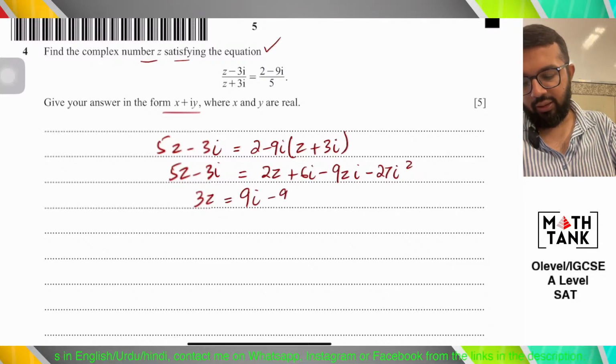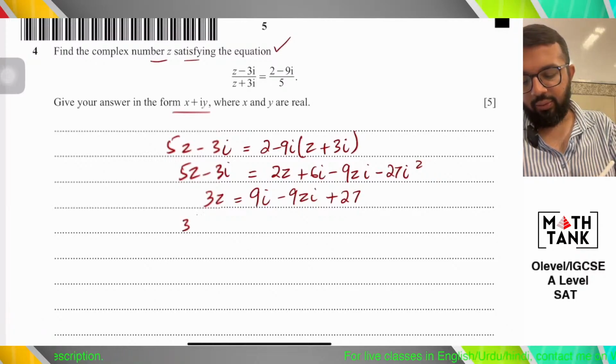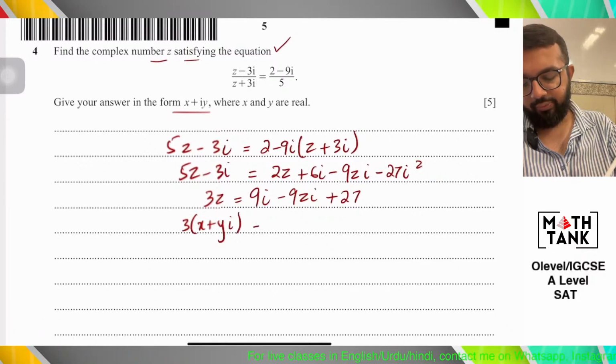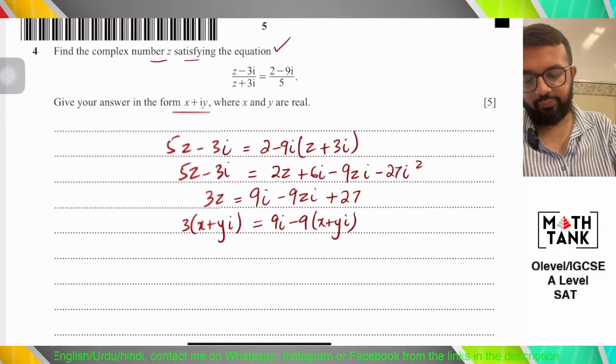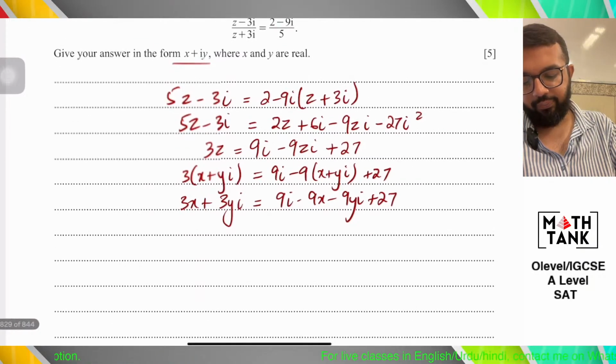Nine i minus 9zi plus 27. Okay, then I can do x plus yi here, so 3x plus 3yi, 9i minus 9x minus 9yi plus 27.